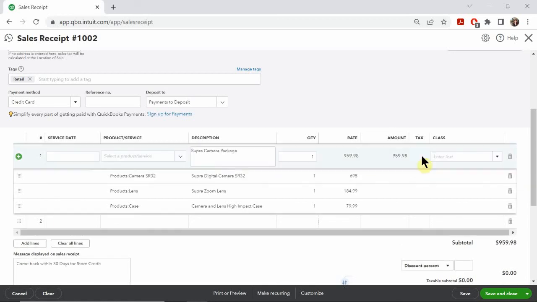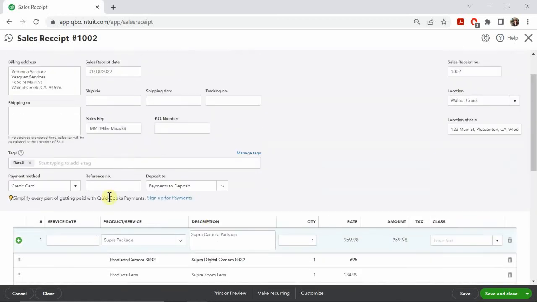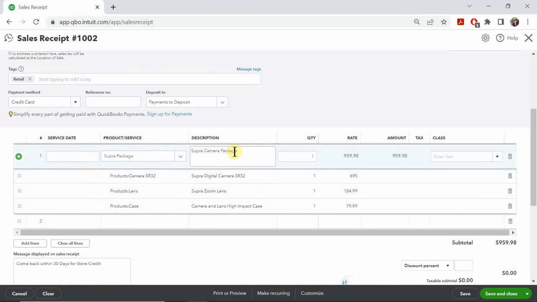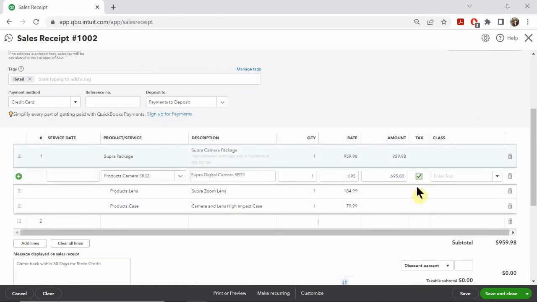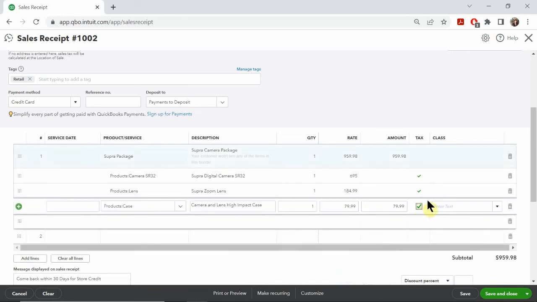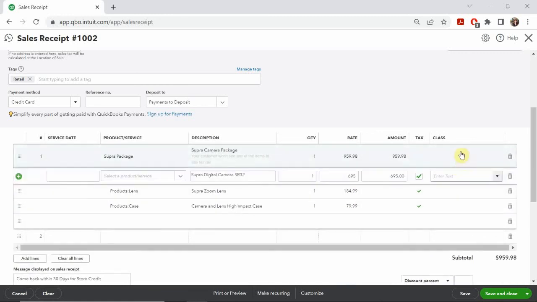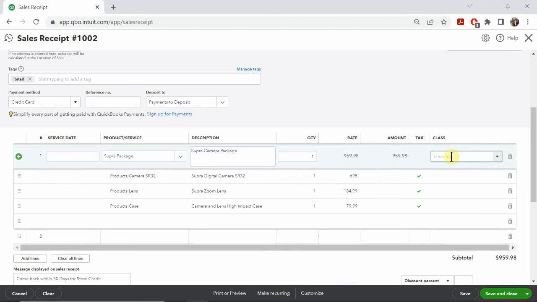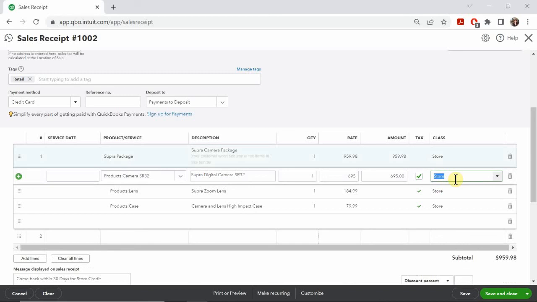So I'm going to select the Supra camera. Okay, there it is. I'm going to make it taxable, but if I can't, then I'm going to select every single item on here to be taxable. Okay, and they're all going to be for the store location. There you go. So they're all store.